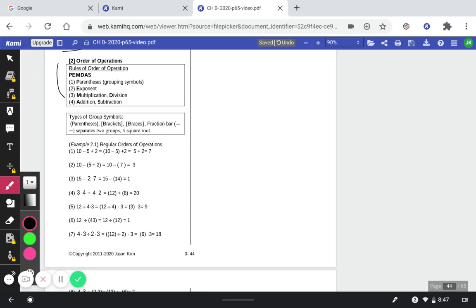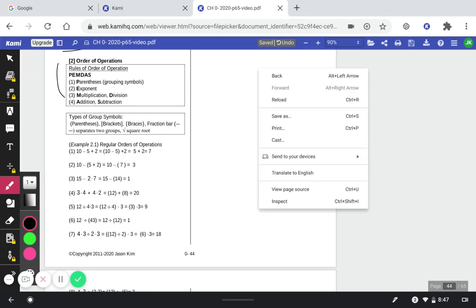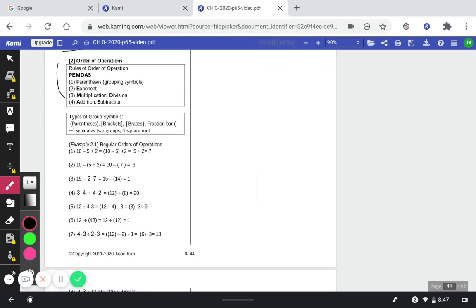The highest order is parentheses, or any grouping symbol, including parentheses, brackets, or braces. They are all grouping, including the long line to divide A over B, like this line, or a square root.